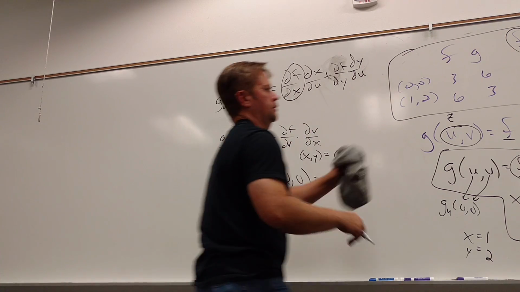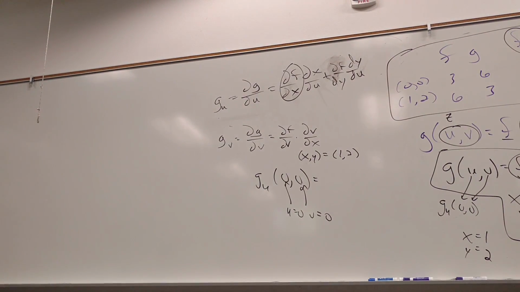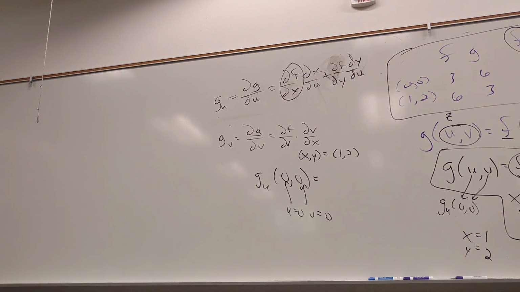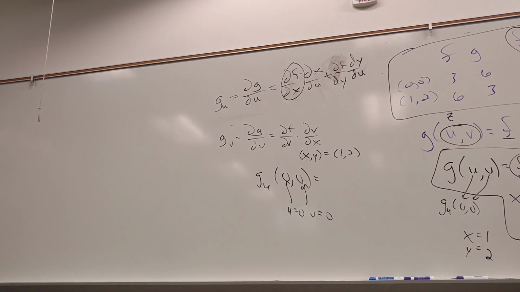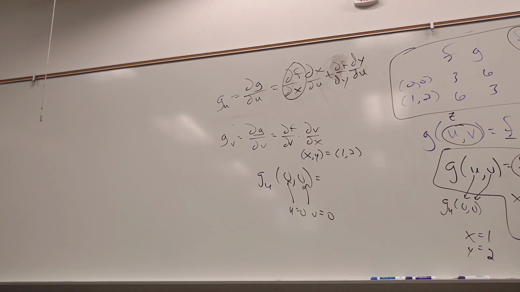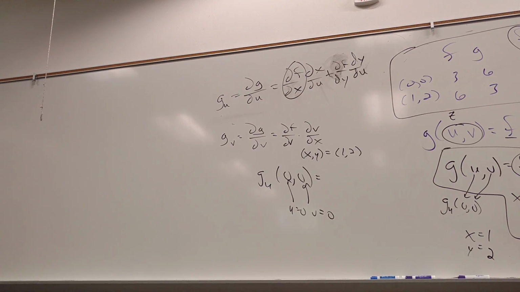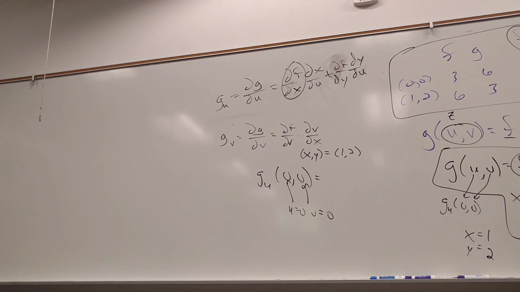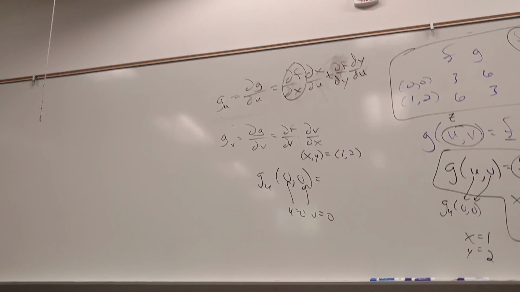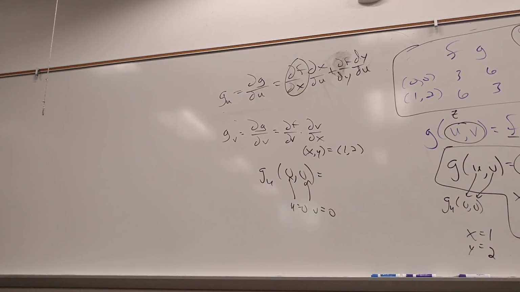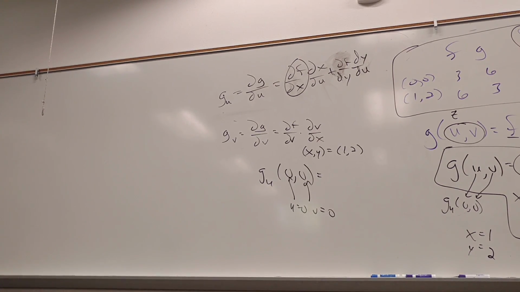What we're really more used to is having z as a function of x and y, and then doing dz/dt. What would dz/dt look like for this? It would just be partial z, partial x, dx/dt, plus partial z, partial y, dy/dt.